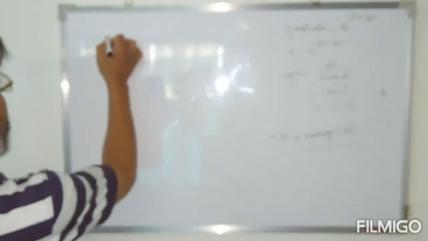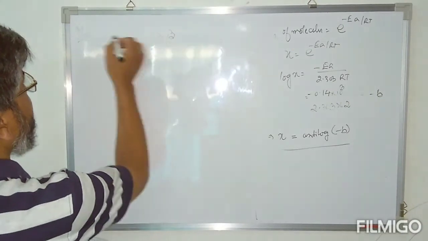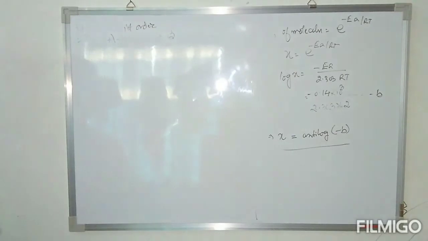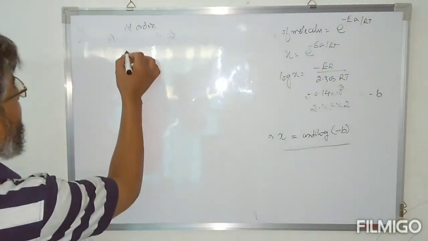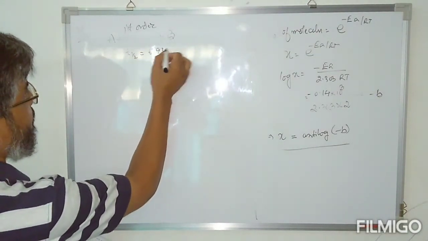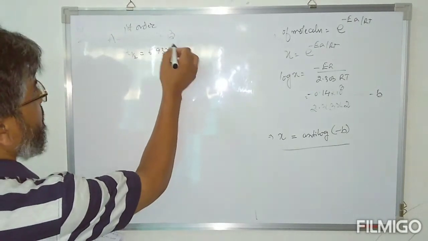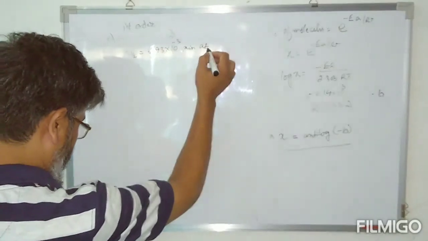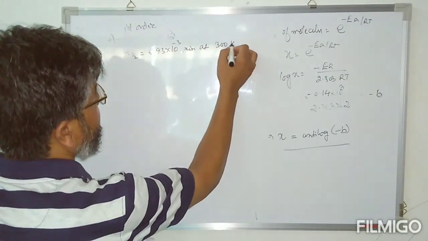Question says, a reaction A to B is a first order reaction. For this first order reaction, the half-life is 6.93 into 10 to the power minus 3 minute at 300 Kelvin.